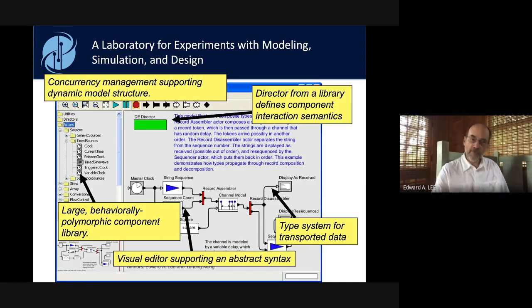Some of the spin-off projects like Kepler have really focused on enriching that library with components that have a lot of sophistication in doing big data, machine learning, integrations with R and statistical packages and things like that. So those reusable components can be pretty useful to people at times.